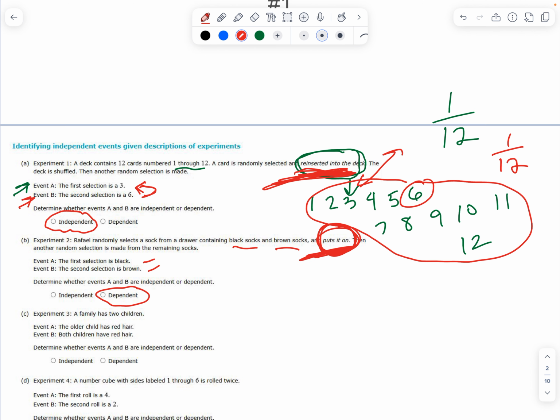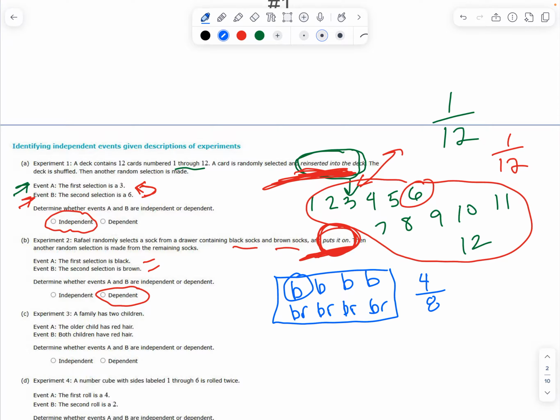So let's just say this is Raphael's sock drawer, and he's got black, black, black, black socks, and brown, brown, brown, brown socks. Let's say he gets a black sock. Well, getting a black sock is 4 chances out of 8 total socks in the drawer.